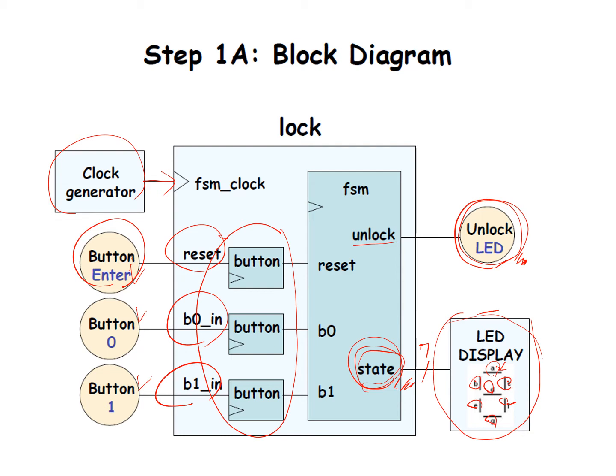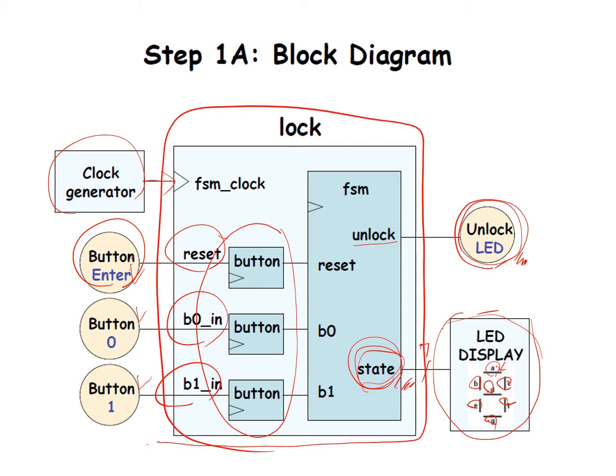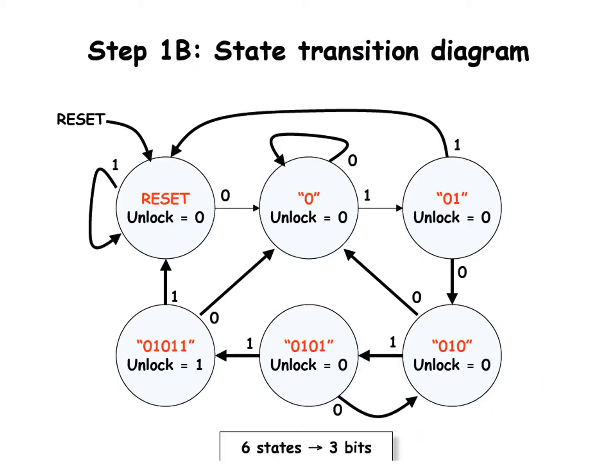This is just a basic big diagram of the finite state machine that we are going to implement. First step, we need to draw the state transition diagram. We would prefer to design a Moore machine, where the state defines the output.